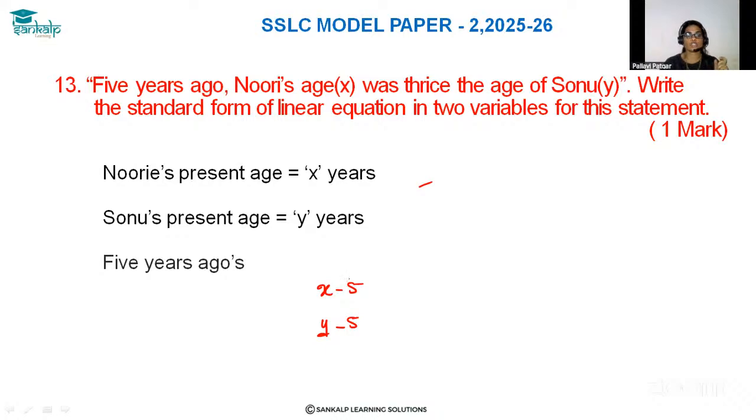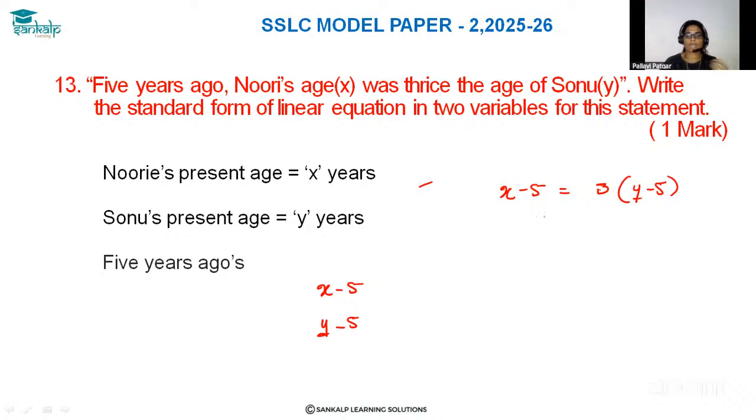Okay, so here Nouri's age 5 years ago was thrice the Sonu's age. So how does the equation come, children? x minus 5 is equal to 3 into y minus 5.